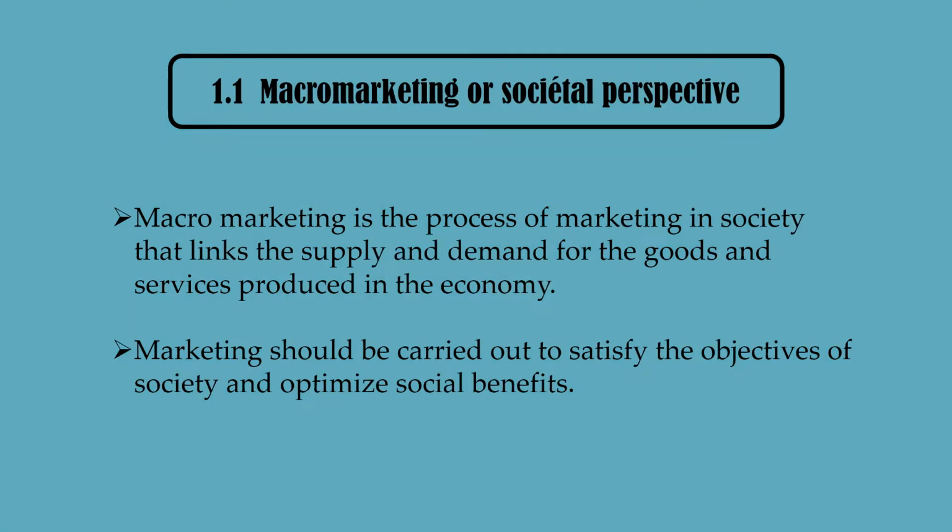Let us start with the first perspective, which is macro marketing or societal perspective. Macro marketing is the process of marketing in society that links the supply and the demand for the goods and services produced in the economy.